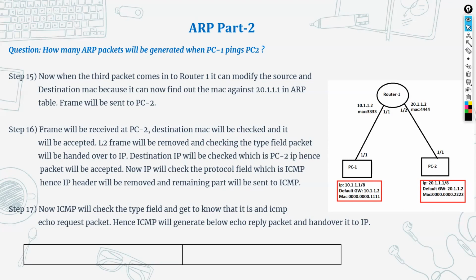So now ICMP is going to generate the echo reply packet, and it will populate the type field. The type code for the ICMP echo reply packet is 0. Now again the same process will be followed. ICMP is going to hand this over to the IP protocol at layer 3.